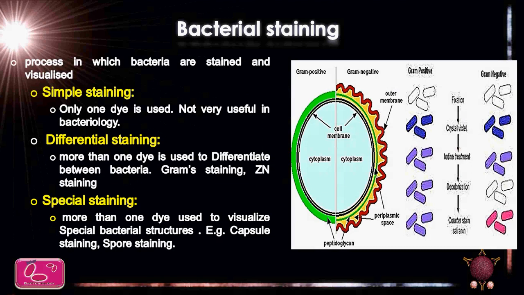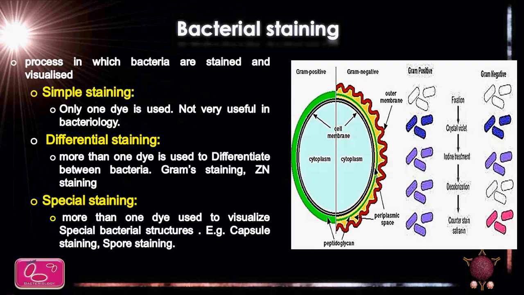We have many types of staining historically. There is simple staining, in which usually the bacteriologists use one dye. But these days it's not very useful in bacteriology because it enables very poor identification.